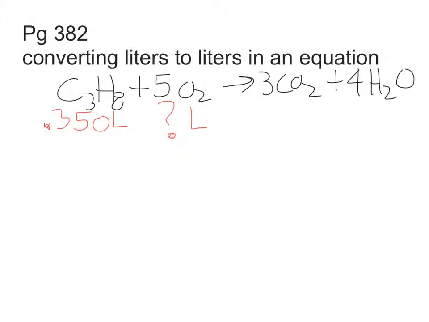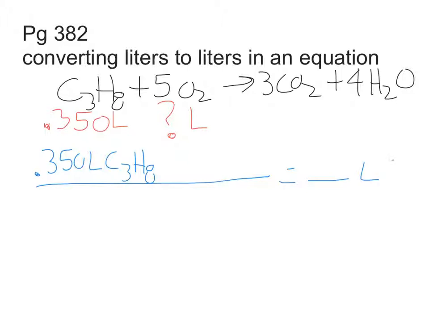Just as I showed you in the previous slide, liters to liters is the same as going moles to moles. We're going to use the liter ratio instead of calling it the mole ratio, which is a ratio of the coefficients. So we're going to work our problem just as we always have by writing down the given, 0.350 liters of propane. And we're going to convert that to liters of O2.